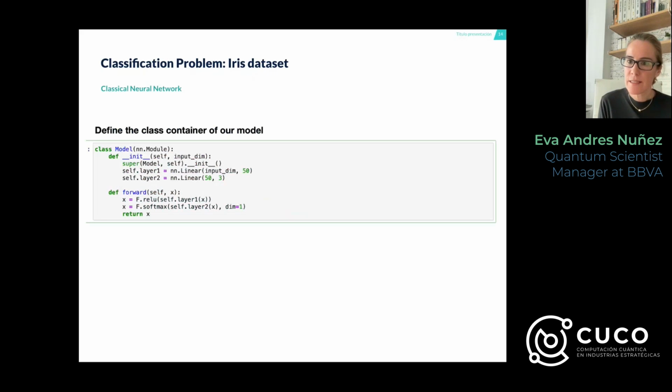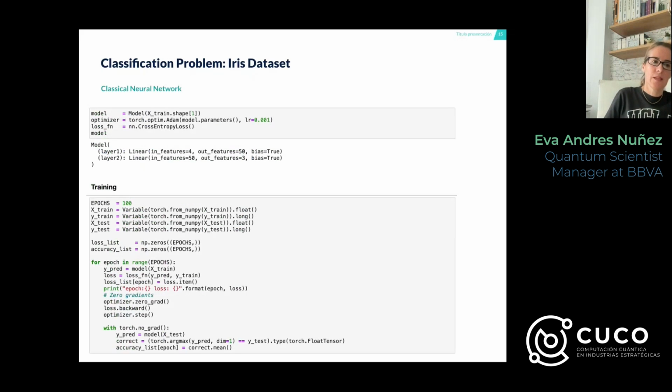A hidden layer formed by 50 neurons, and 3 neurons in the output layer that correspond to the 3 classes. With respect to the forward, we have multi-class classification, so we are going to use the softmax function. So this is the summary of the topology of the model.